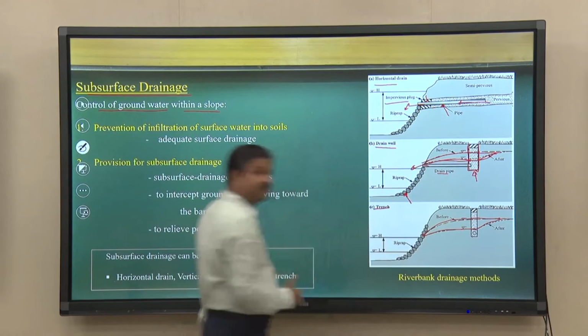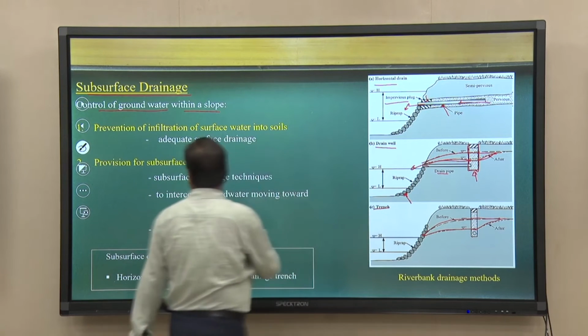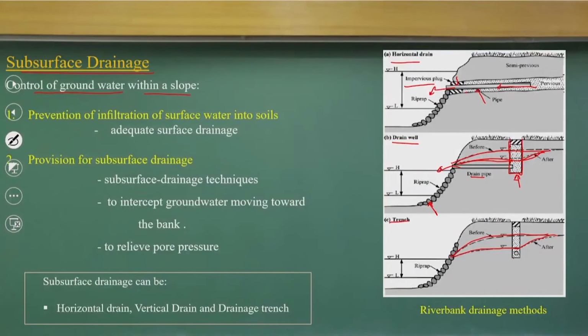in the river bank. To do that, we should provide subsurface drainage along with river bank protections, with a horizontal drain, vertical drains or drain trench.